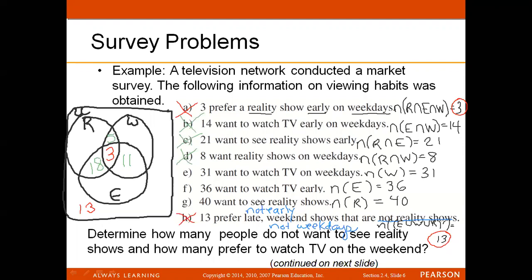So R has 4 regions, W has 4 regions, and E has 4 regions.